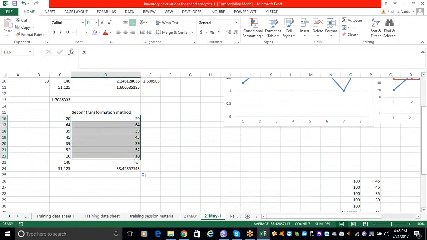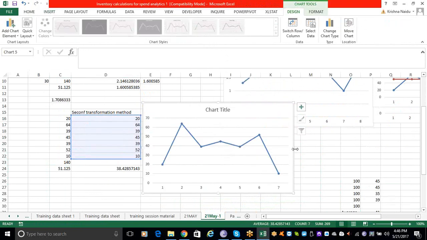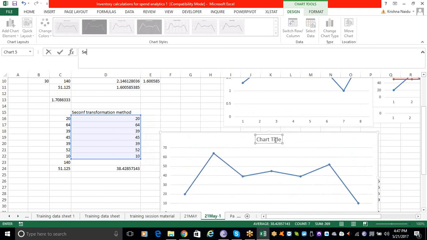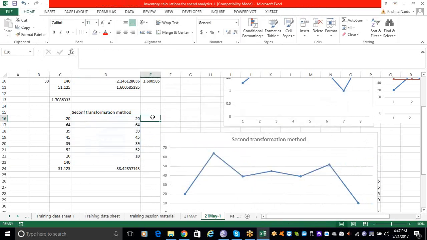Let's draw this graph. I'll draw the same graph again.